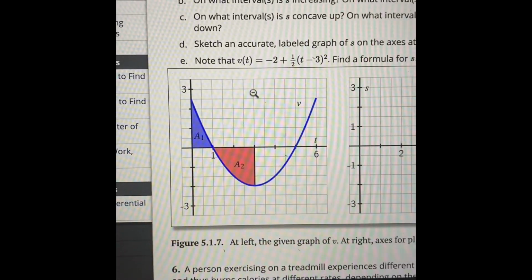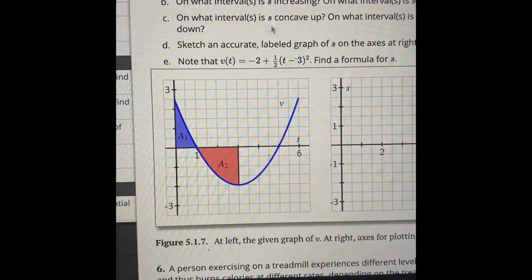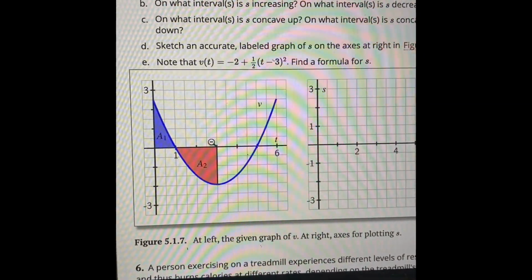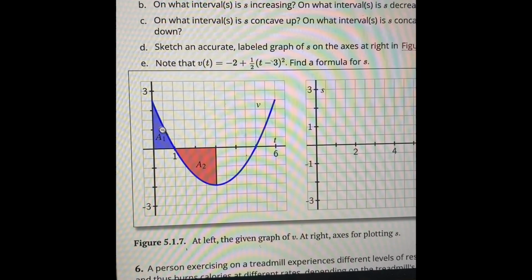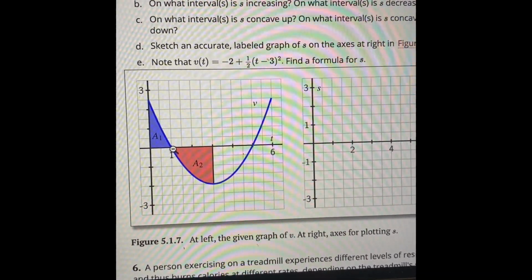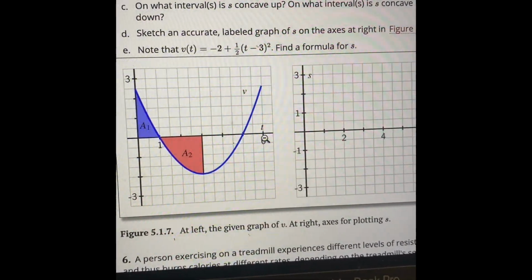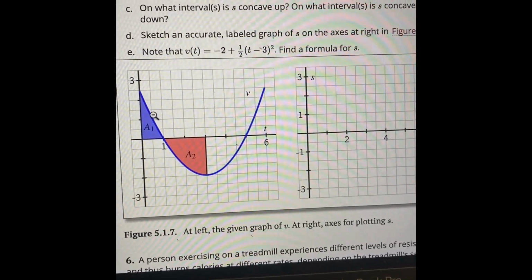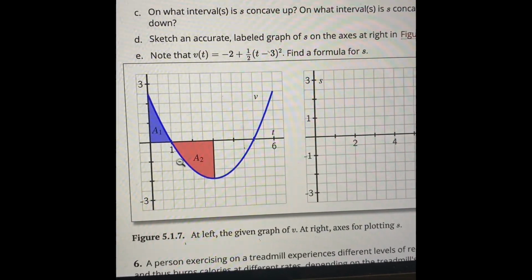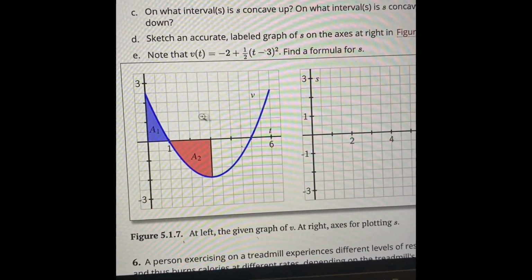And then they're asking us on which interval S is concave up and on which one it is concave down. For this, if we know it's increasing and then decreasing, we know that the x-intercept is a maximum or minimum. We have one at 1 and another one at 5. Since it first increases and then becomes decreasing, we know that at 1 it is going to be concave down.